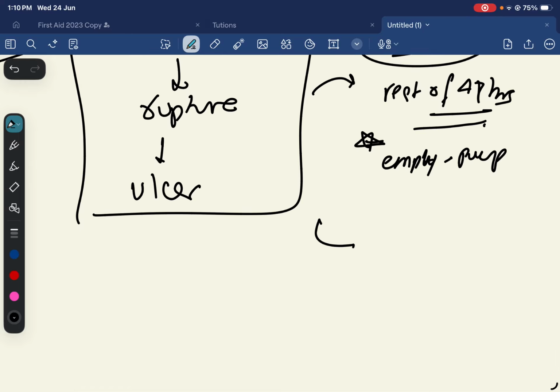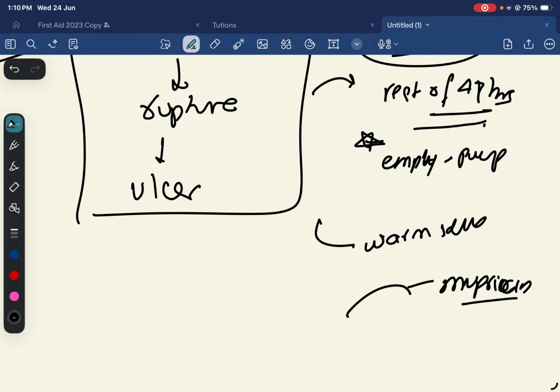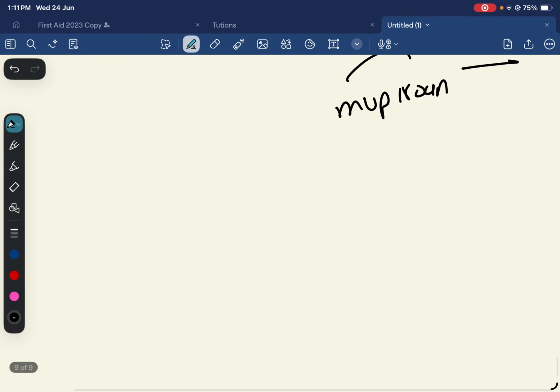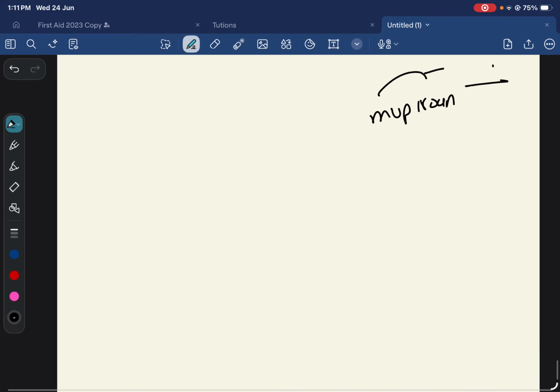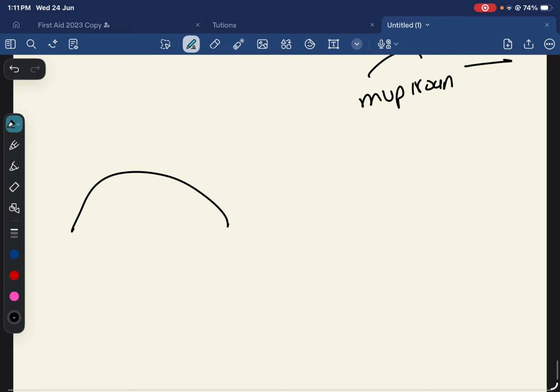And then the breast has to be washed with warm saline water, and then a topical antimicrobial medication should be applied, which is mupirocin. Okay, now we're going to be talking about the discharge from the surface.